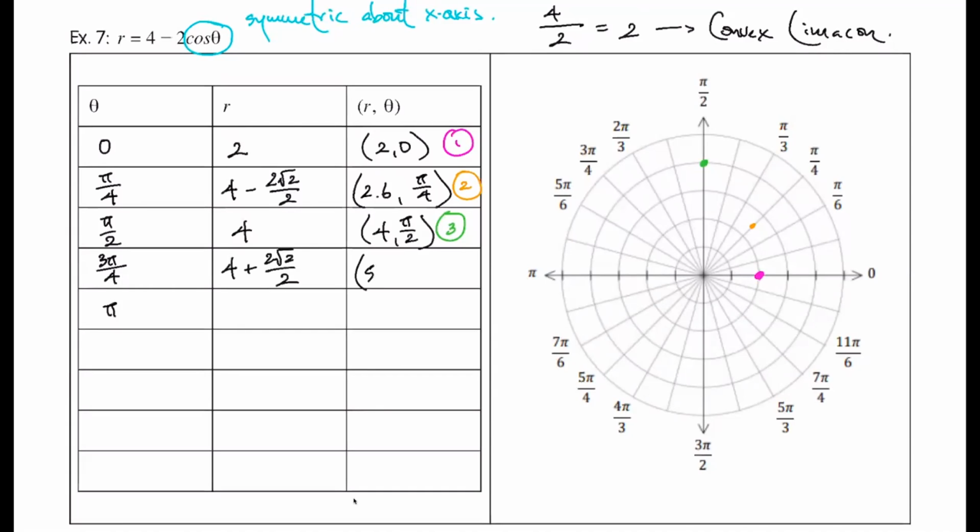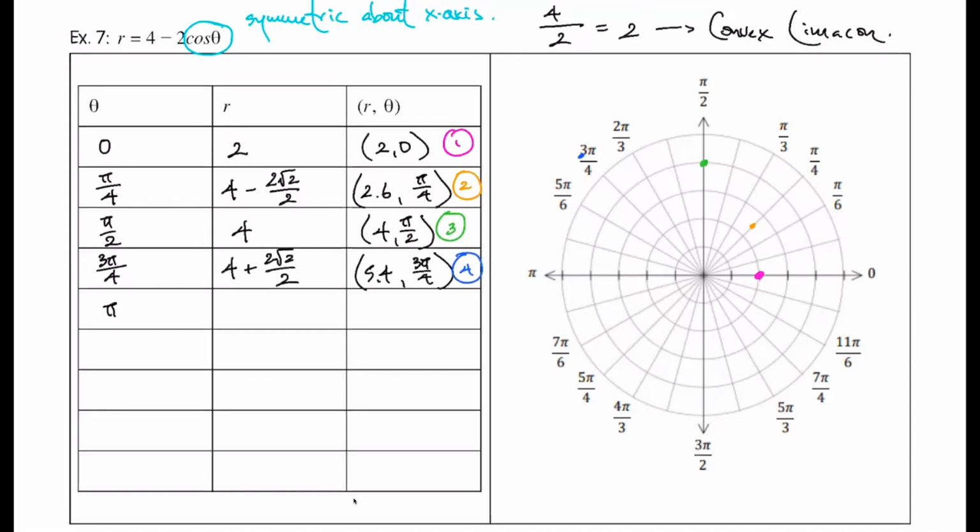That gets us 5.4-ish, comma 3 pi over 4. And that's going to be the fourth point we plot. So let's see where that is. 3 pi over 4, and I'm going out 1, 2, 3, 4, 5. And I made it off the grid. Wonderful.